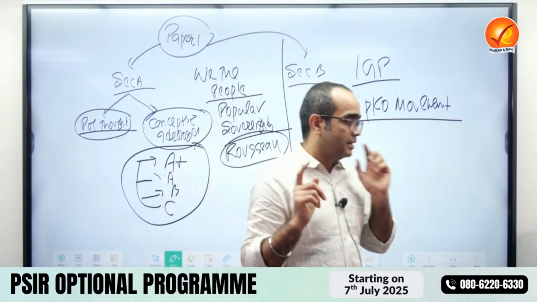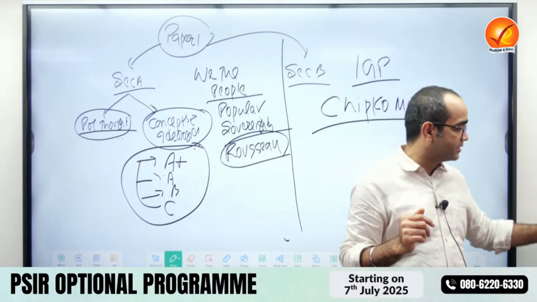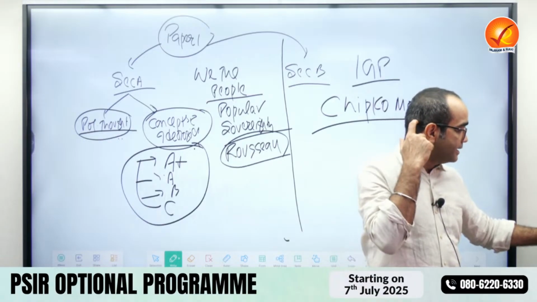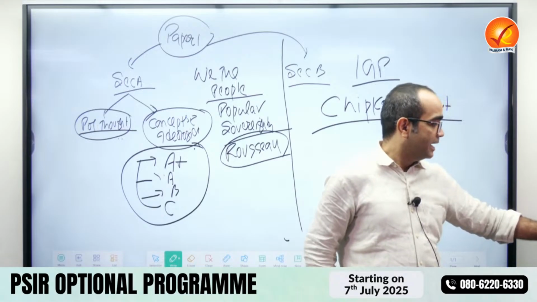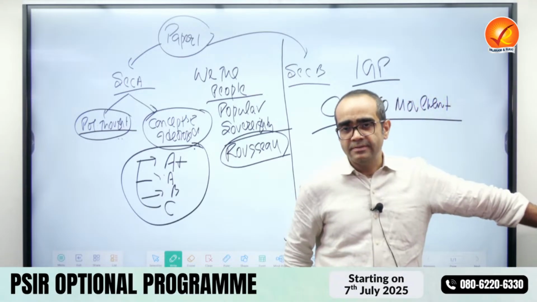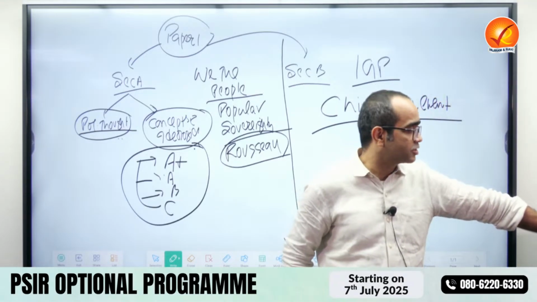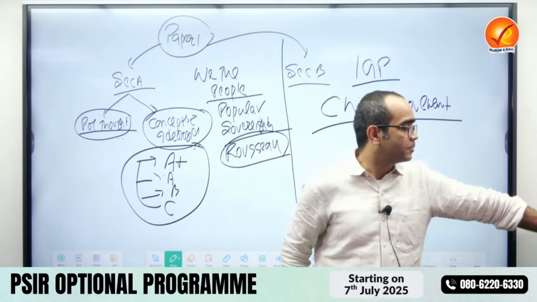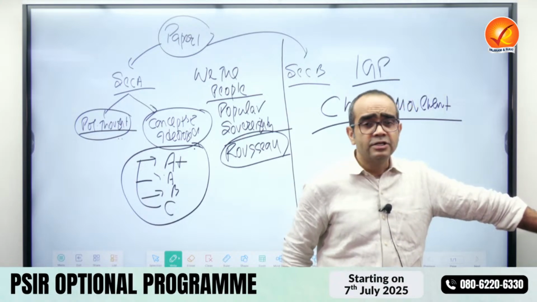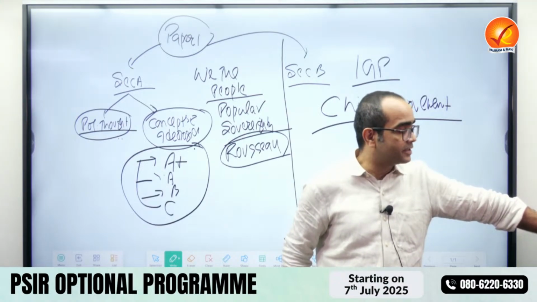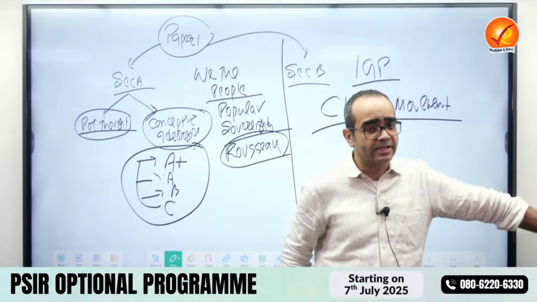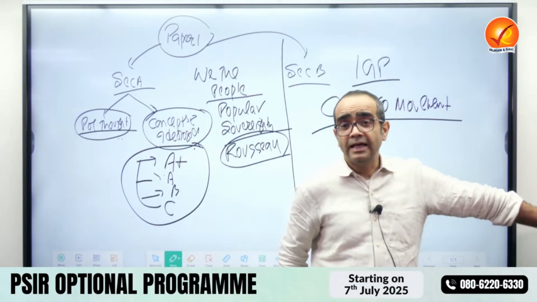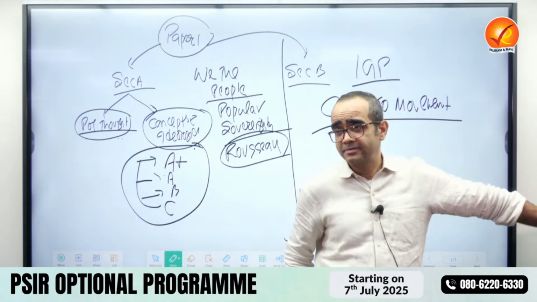Now, if you come to page number 7, and if you see topic number 10, party system, can you see? Page number 7, party system, it talks about national and regional political parties, ideological and social base of parties, patterns of coalition politics, pressure groups, and this topic, trends in electoral behavior.